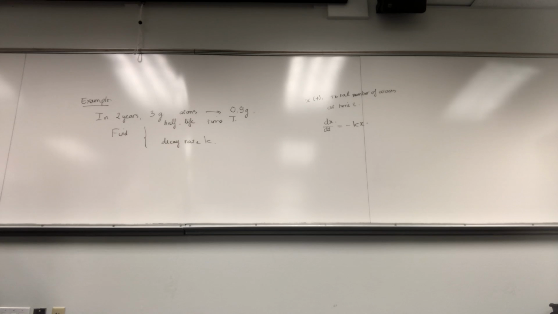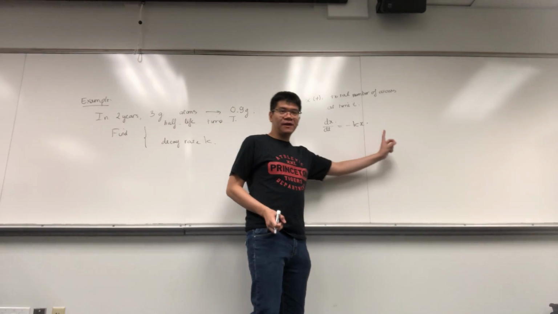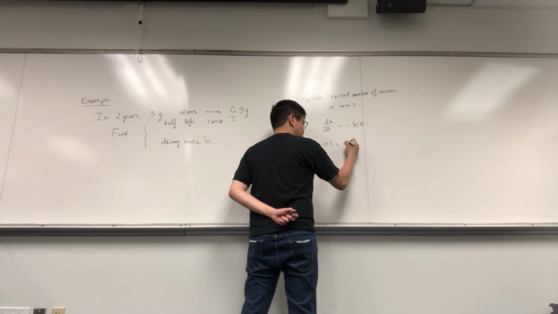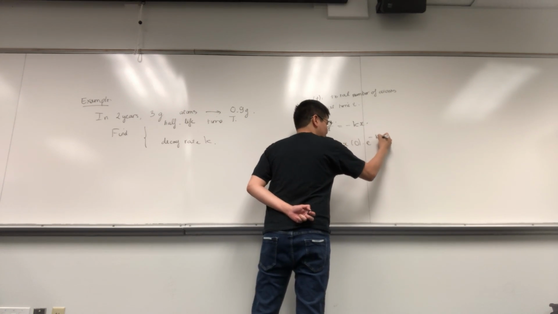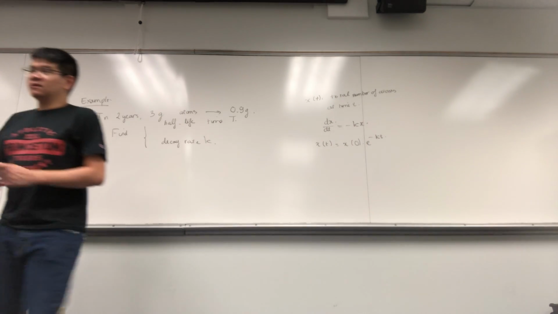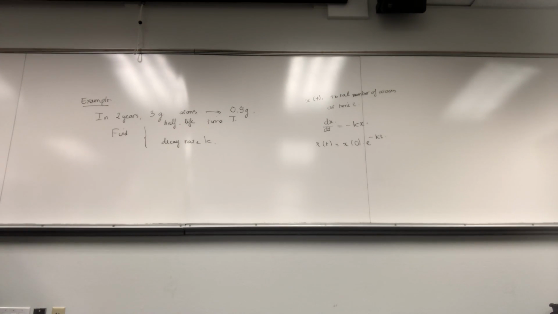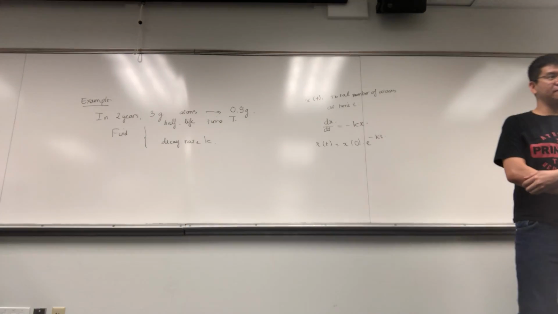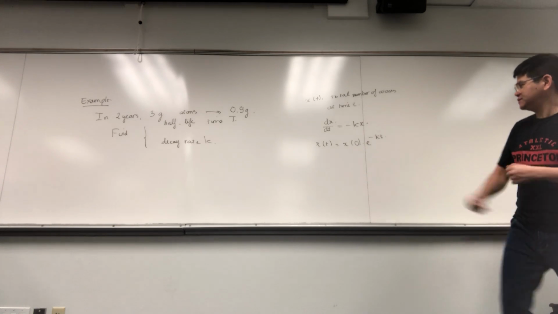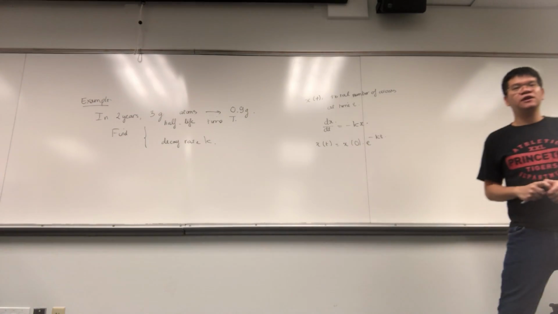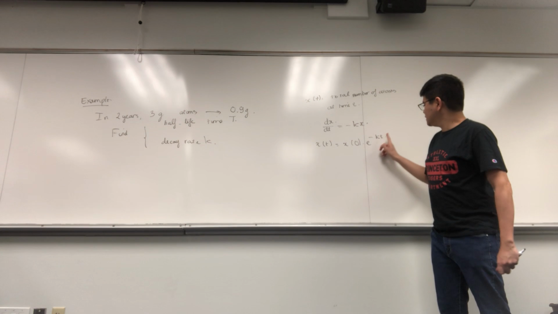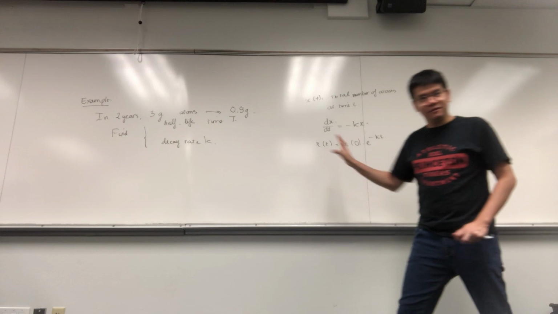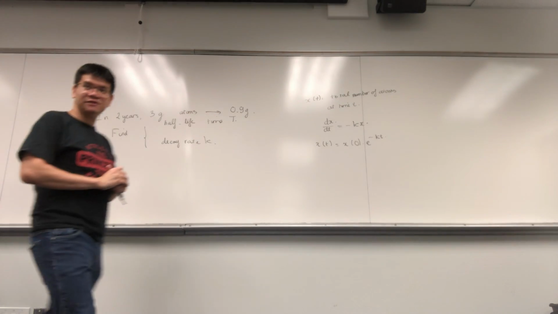And the solution will be x(t) is x0 times e to the power minus kt. This is the formula that we have from the previous class.